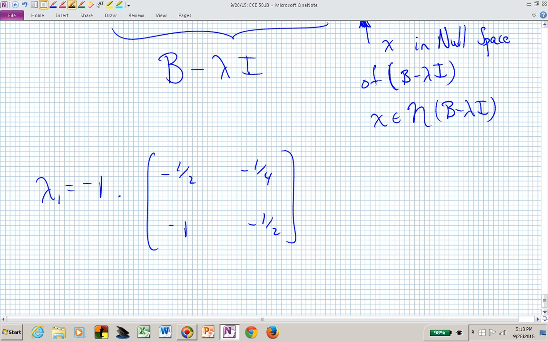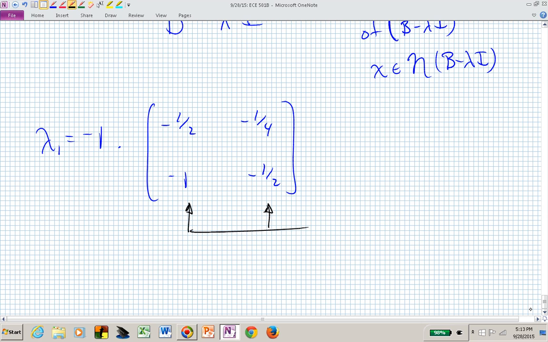And maybe it's not obvious, but if you just look at it a little bit, can you see a relationship between those columns? Are they linearly independent? No, they're actually a multiple of each other. These are dependent. Columns are dependent.